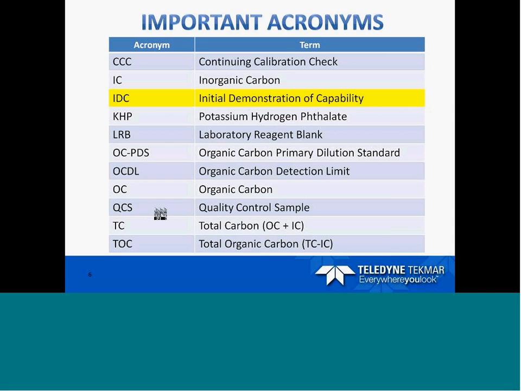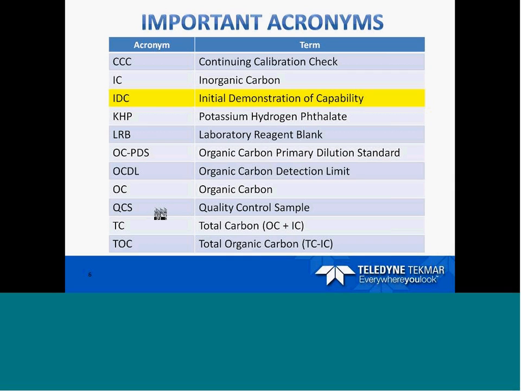It has a known concentration of carbon in it, and is usually purchased from an external source as a way of validating the system. When you have quality control samples out of line or failing, that's a good indicator that you need to either do some instrument maintenance, or you may need to do some calibrating.